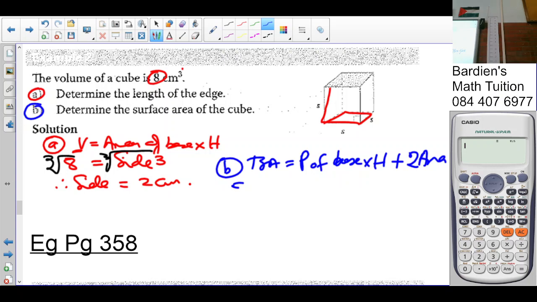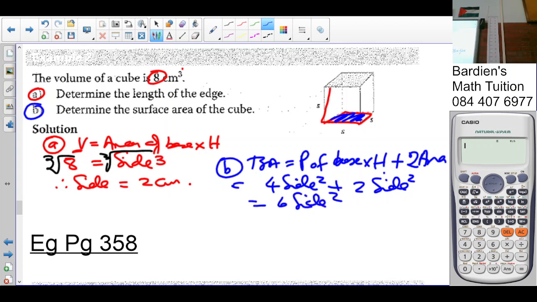How do you calculate the perimeter of a square? 4 times side, times the height of this object, which is also a side. So it's 4 side times height, it's going to be 4 side squared, plus twice area of base. Area of a square is side times side, which is side squared. So in other words, this is simply 6 sides squared.